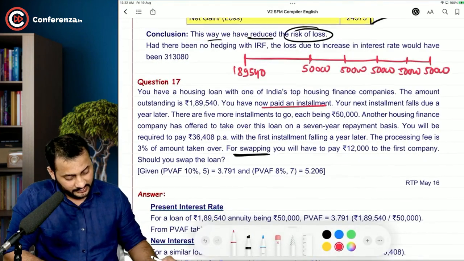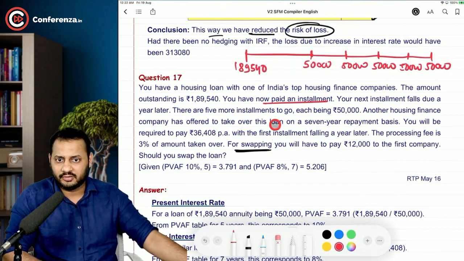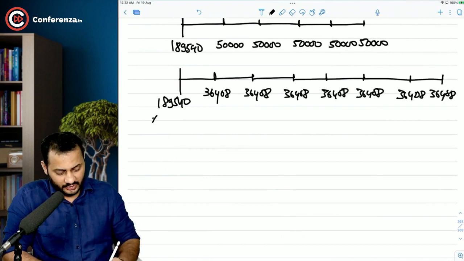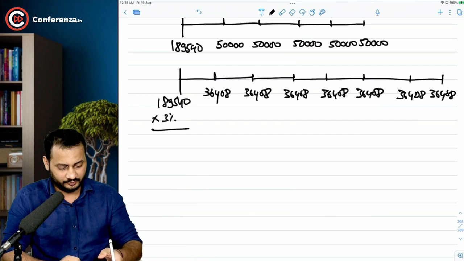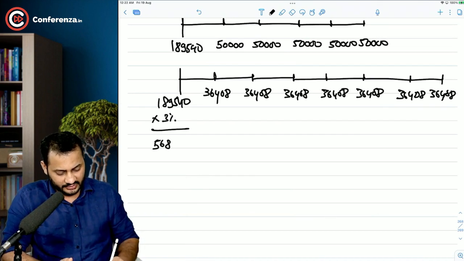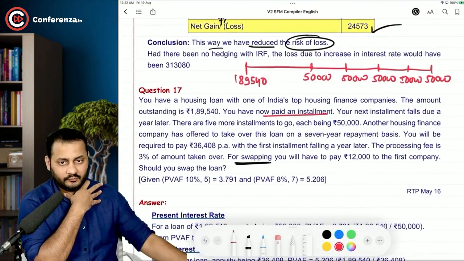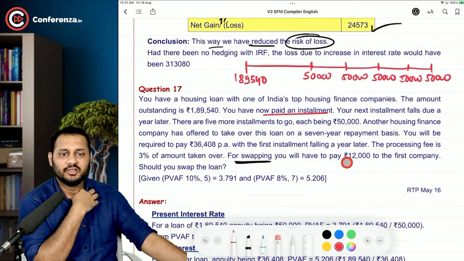Okay, what else is given in this question? You will be required to pay, with the first installment falling a year later. At the same time, the processing fee is 3% of the amount taken over. So apart from that, you will be required to pay 3% extra today itself. That's the cost to you. That's around 5686.20. And what else? For swapping, you will have to pay 12,000 rupees to the first company.